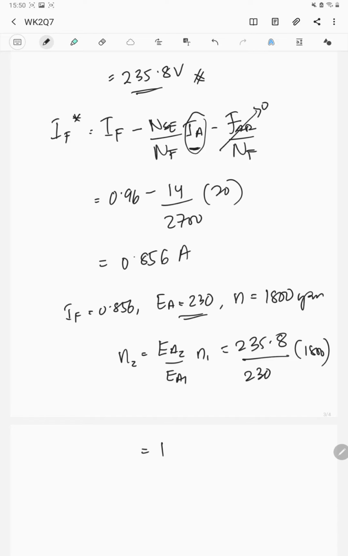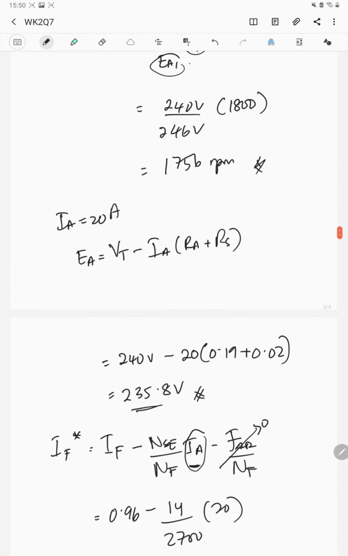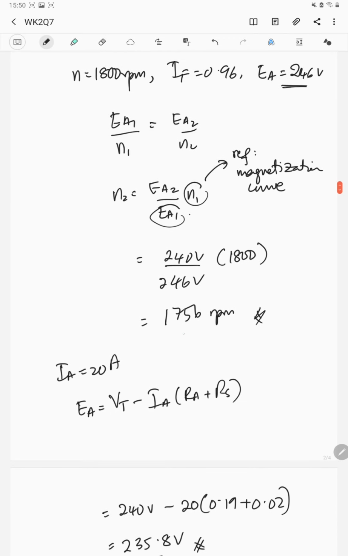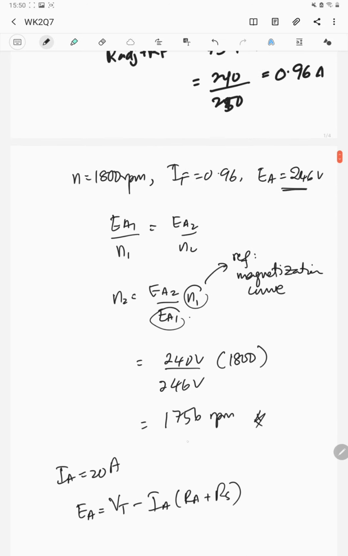So you will get a value of 1845 rpm. And you can see that the speed at no load is actually 1756.